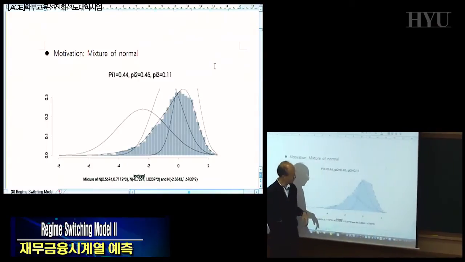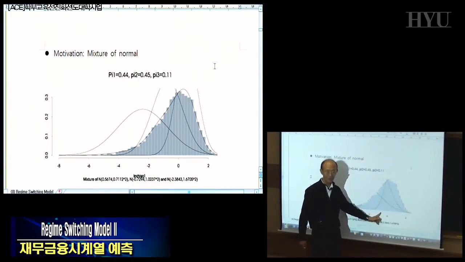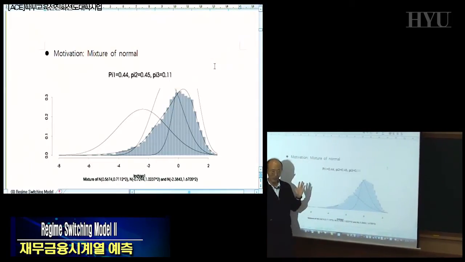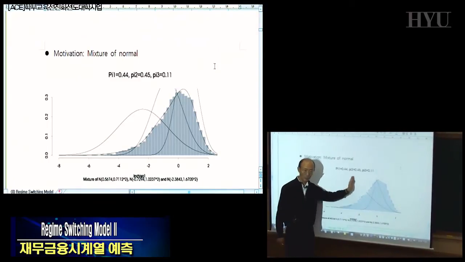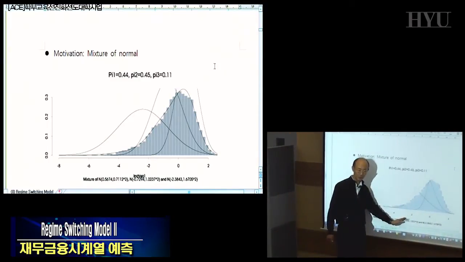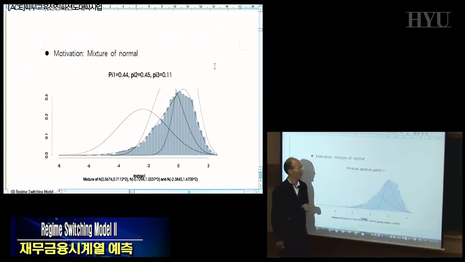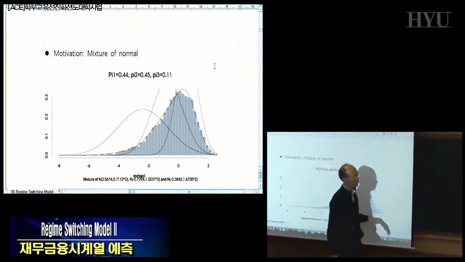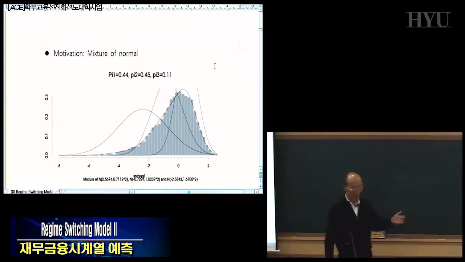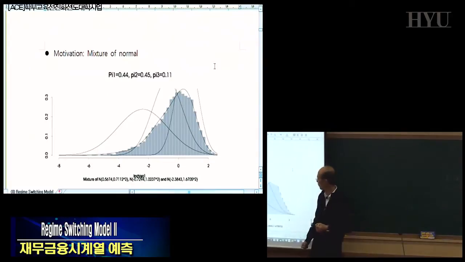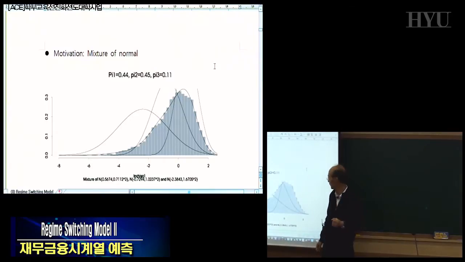And there could be some state with low mean and smaller variance. Maybe some crisis period, you have a very small mean growth rate of GDP, but could be wide. Right? So our task is to introduce some econometric model, time series model, so that hopefully we can identify whether there are different states, 1, 2 or 3 states, and their parameters.